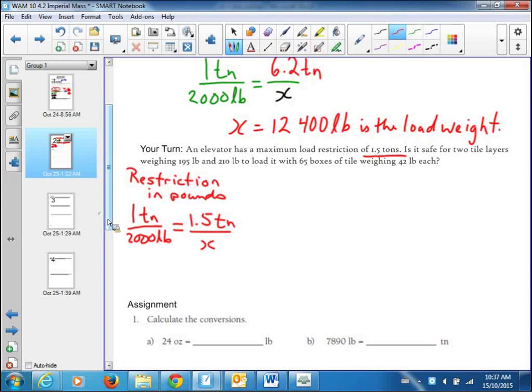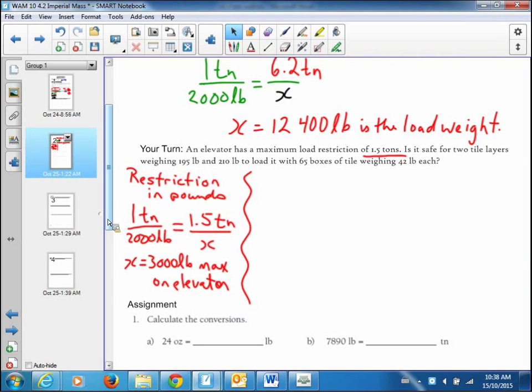So tell me what you get. 3,000. X is 3,000 pounds. That's the max on the elevator. 3,000 pounds max on elevator. It's not safe after that. And we'll just draw a little separation. We're going to figure out how much they actually are trying to load on there.